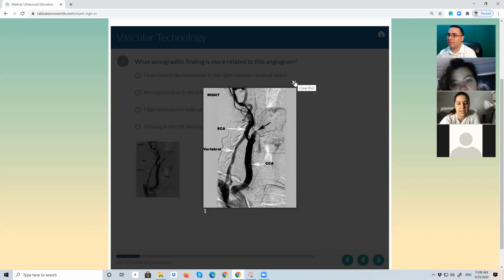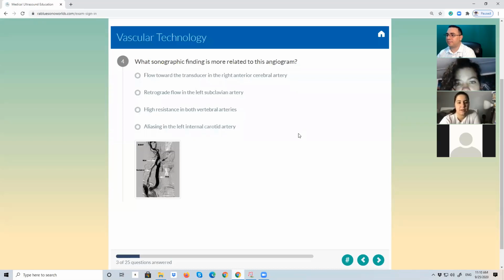And CCA, ACA, ICA, what's going on? So now, is it flow toward the transducer in the right anterior cerebral artery, retrograde flow in the left subclavian artery, high resistance in both vertebral arteries, or aliasing in the left internal carotid artery?